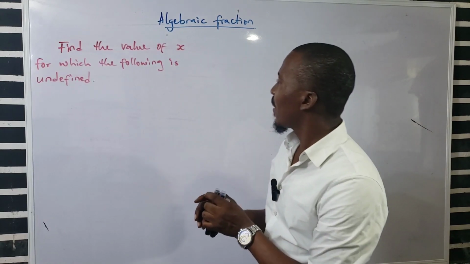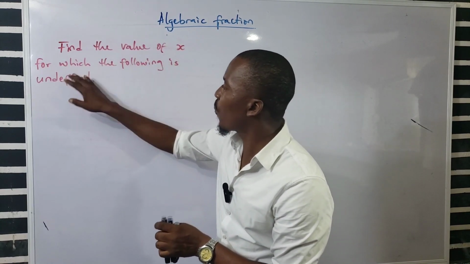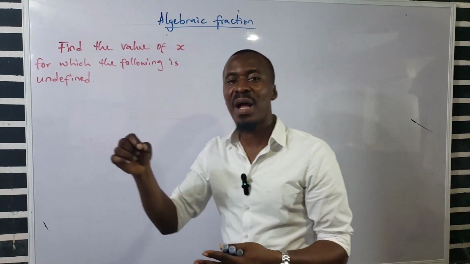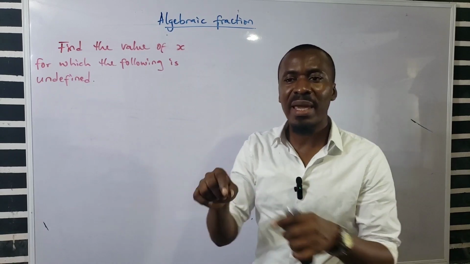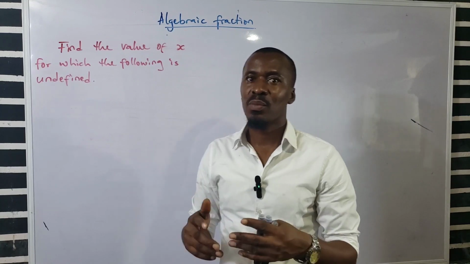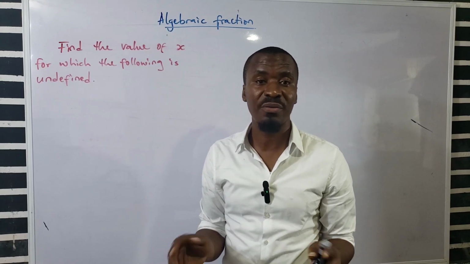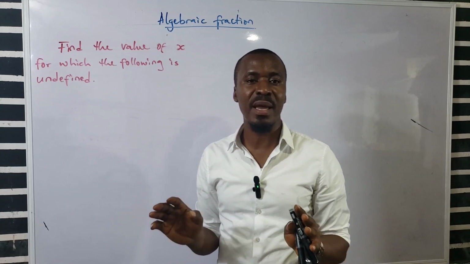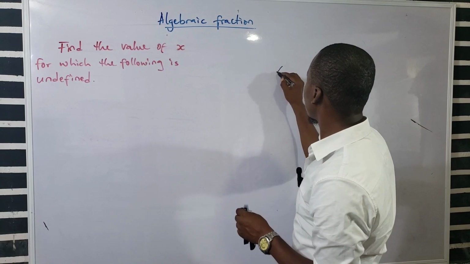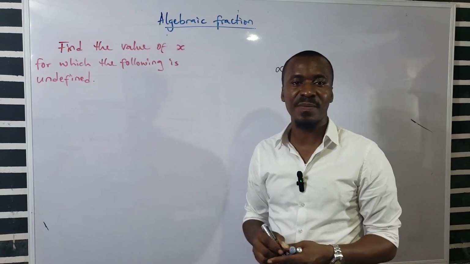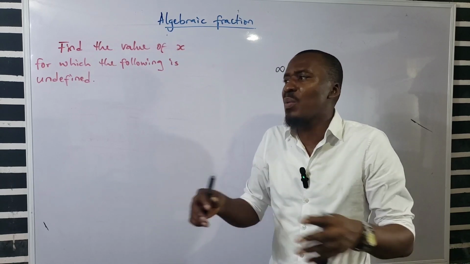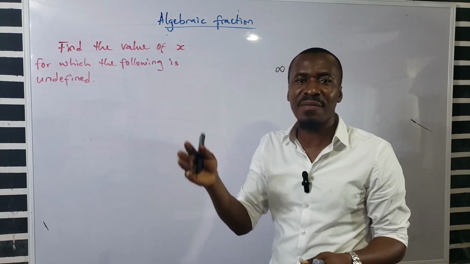So when they say the value of x for which the following is undefined, they mean what value of x are you going to put in this expression that will make it not to exist? When we say not to exist, probably you are using calculator to solve, you are going to have mathematics error or math error in your calculator. So that's when you get things like this. That means that that expression is undefined. You cannot find it. We can't ascertain the value.